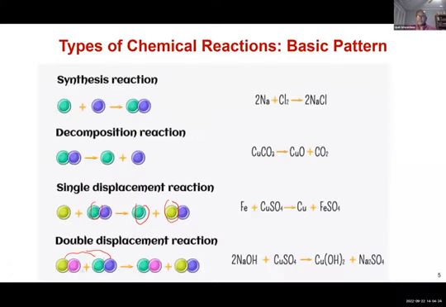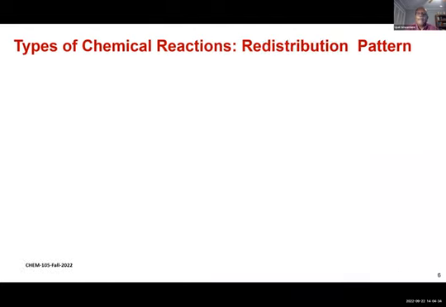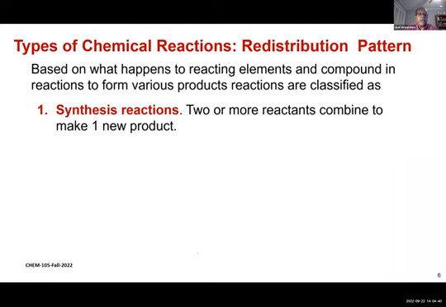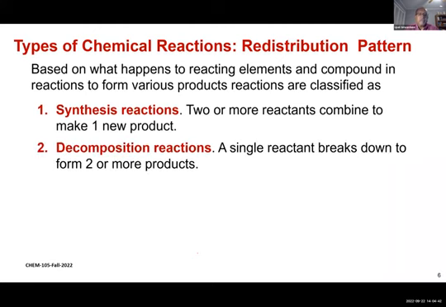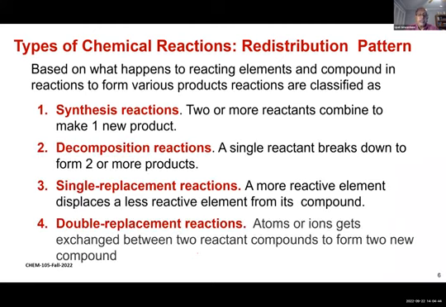They both swap, so it's called a double displacement. That's depending on the basic pattern of atom exchange. Now, chemical reactions are of 4 types: synthesis reaction, decomposition, single displacement, double displacement. We talked about that in the previous slide.